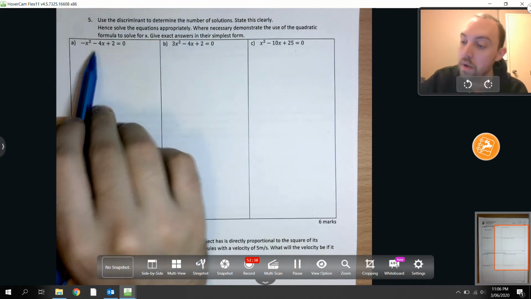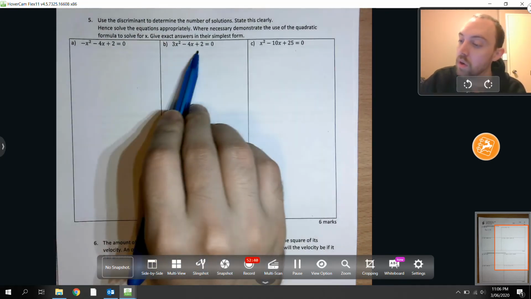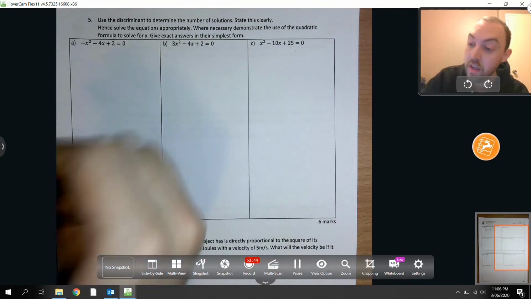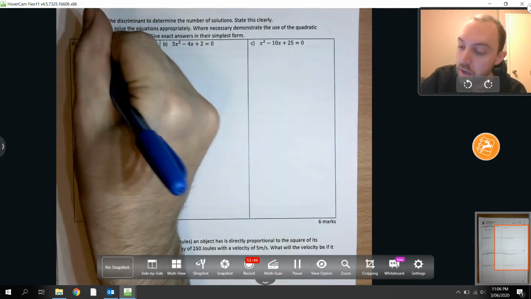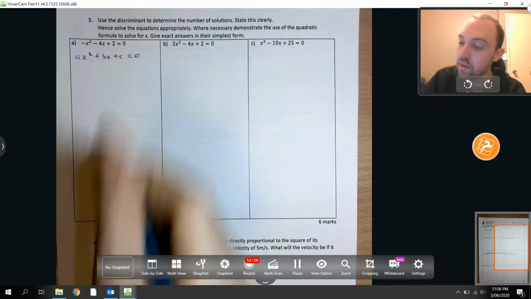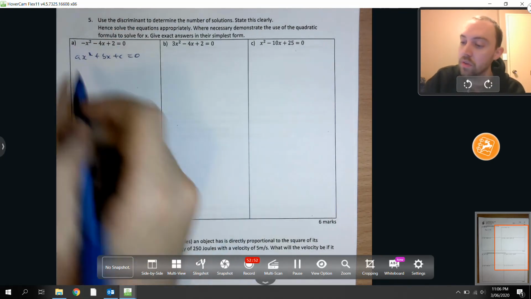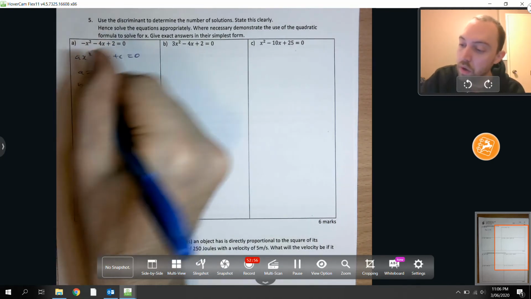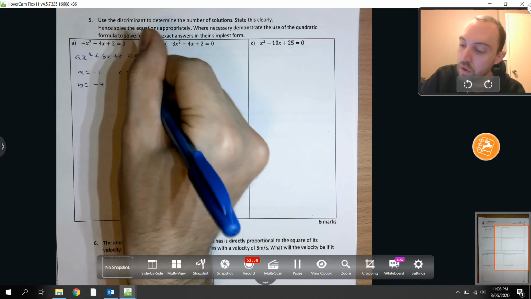So pay attention, all of these quadratics are equal to 0, so we don't need to change anything. But we're following this pattern, ax squared plus bx plus c is equal to 0. So for this one, a is equal to -1, b is equal to -4, and c is equal to +2.